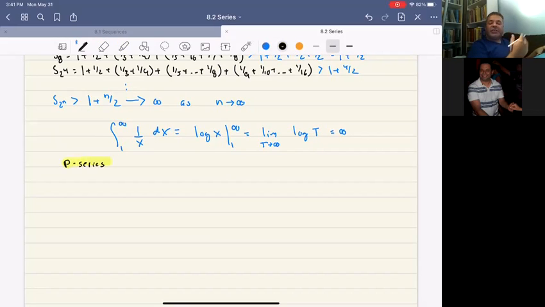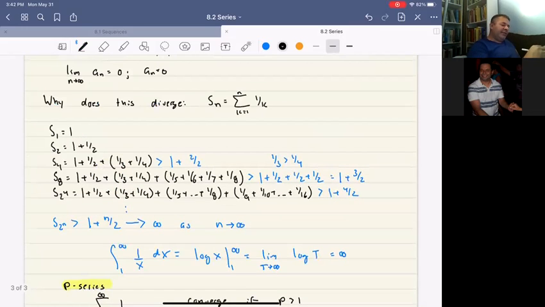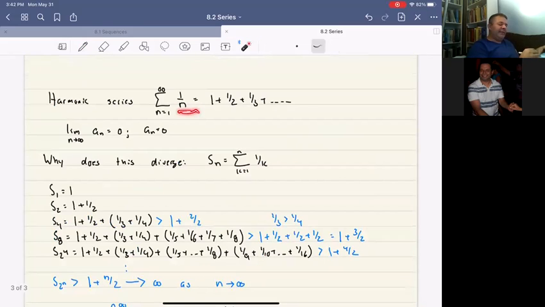But in general, just like the p-integrals, this is going to converge if p is greater than 1, not greater than or equal to, just greater than 1, and diverge if p is less than or equal to 1. So here, the p equals 1 case is divergent.